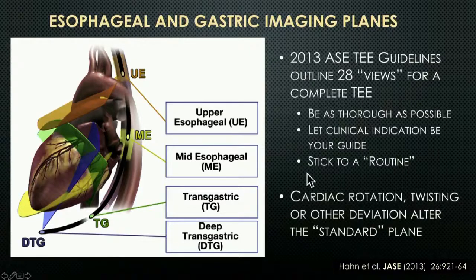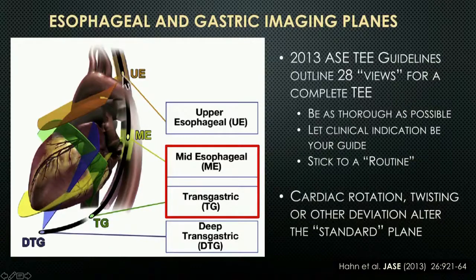We're going to focus a lot on the mid-esophageal and transgastric views, because that's where you get most of your information. But be aware that being in the stomach and going into a deep transgastric view, pushing the probe far out to the apex, can be very useful for specific indications.